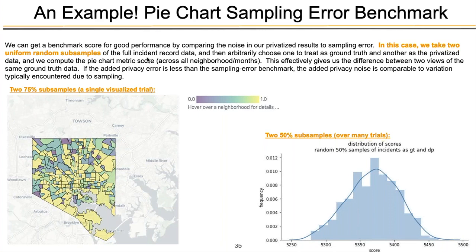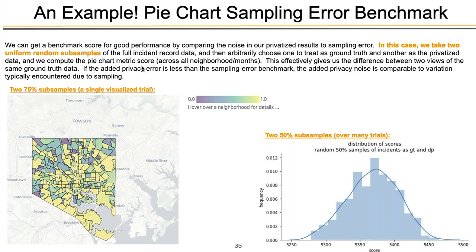So something you can do is take two subsamples of the data. On the left here, we have an example of 75% subsamples. On the right, we're looking at 50% subsamples. And feed them into your metric, pretending that one of the subsamples is ground truth and the other one is the privatized data, and see how it scores. That will give you a sense of how the privatized data is comparing to sampling error.